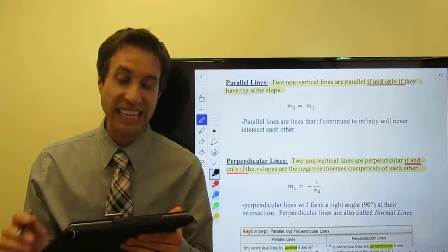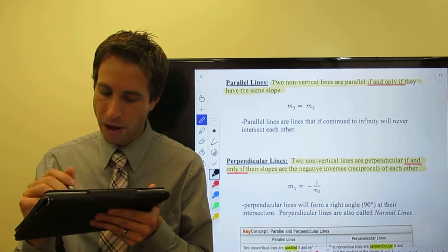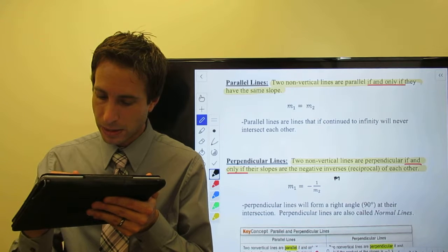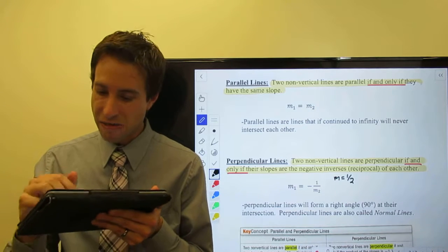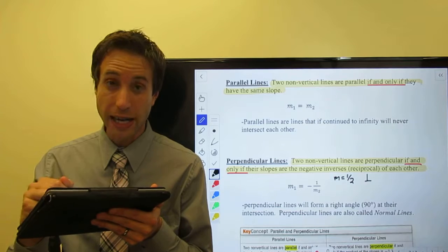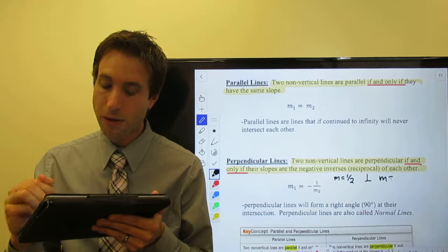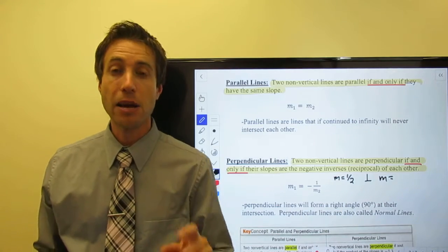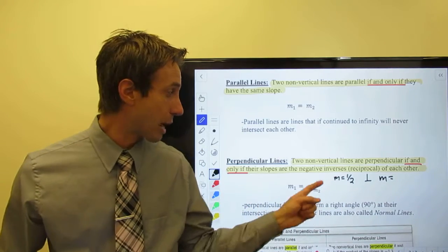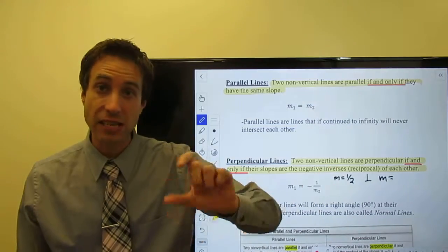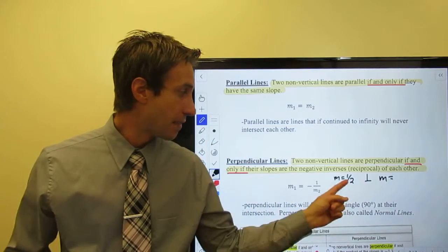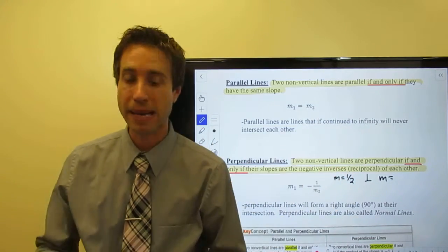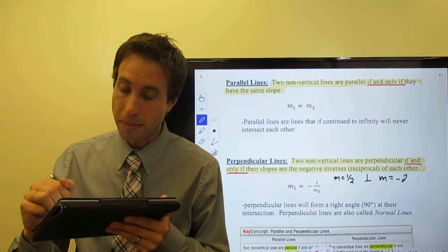If you have a line that has a slope of m equals 1/2, then your perpendicular line would have a slope of what? If you have a slope of 1/2, the perpendicular line must have the negative inverse. Flip it and make it negative. If it's a positive 1/2, you flip it, make it negative, it would have to be a -2.